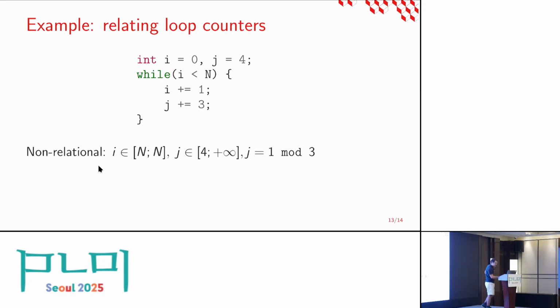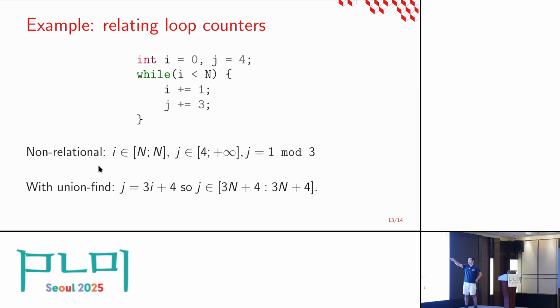However, with labeled union find, before the first iteration, you'll know i is 0, j is 4. After the first iteration, i is 1, j is 7. That way you can deduce that j equals 3 i plus 4, and in subsequent iterations, that relation will be maintained. So at the end, you can get a precise value of j from the precise value of i.